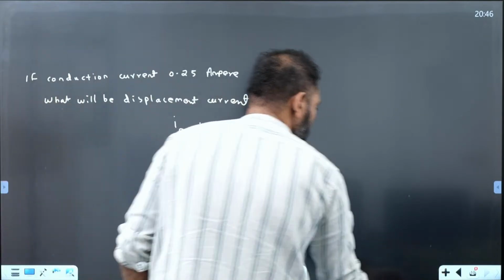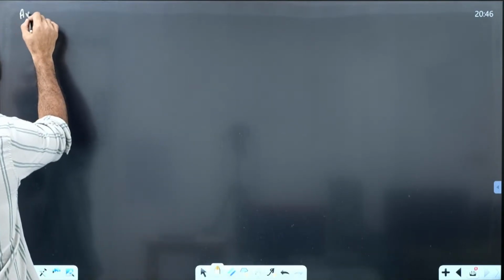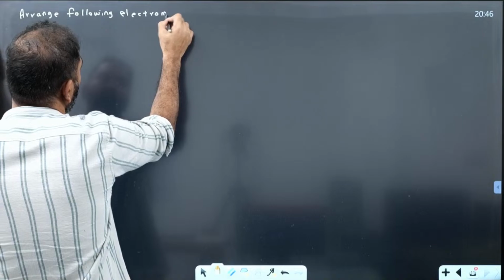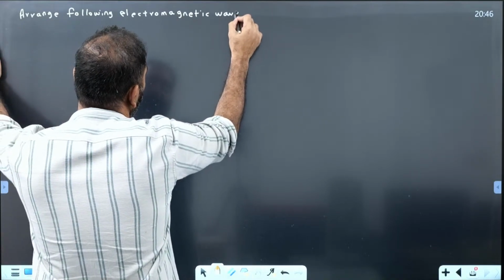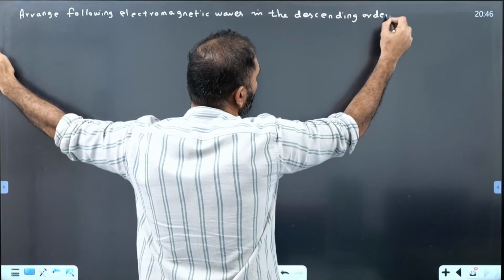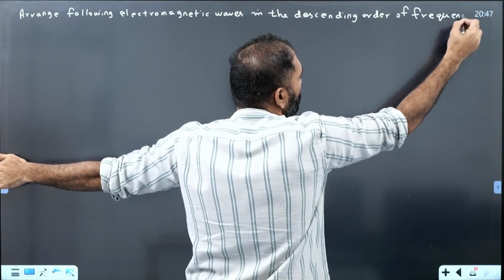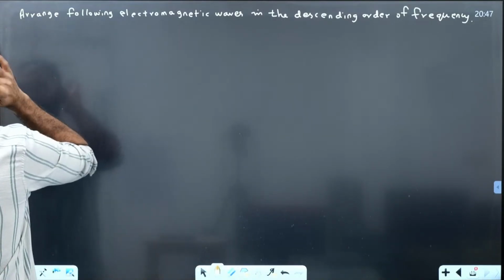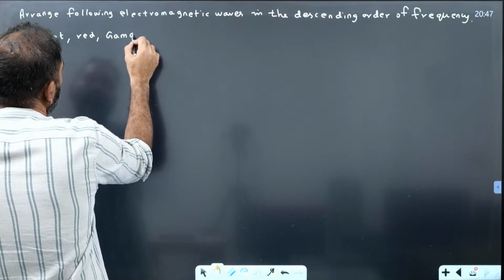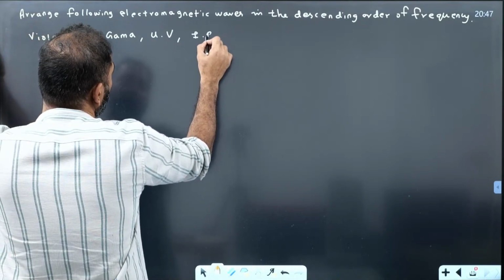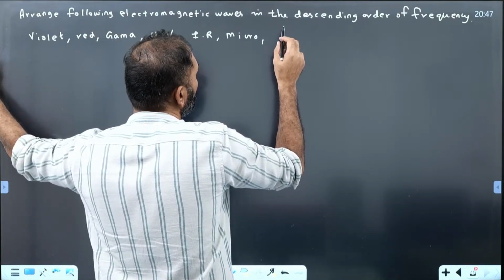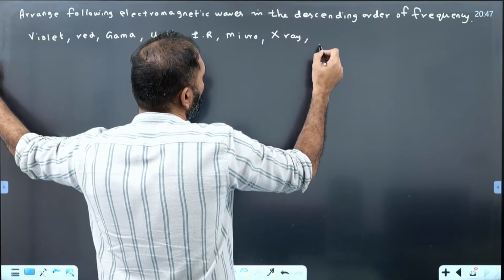Done, right? Next question. Arrange the following electromagnetic waves in the descending order of frequency: violet, red, gamma, ultraviolet, infrared, microwave, then X-ray, radio waves.